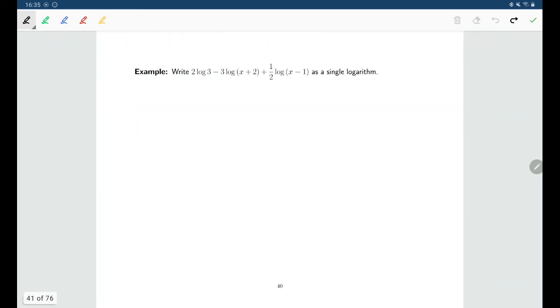The first thing that I'll do is I'll bring the numbers that are in front up as powers. Then I'll deal with the minuses and the pluses to combine all of my terms together.